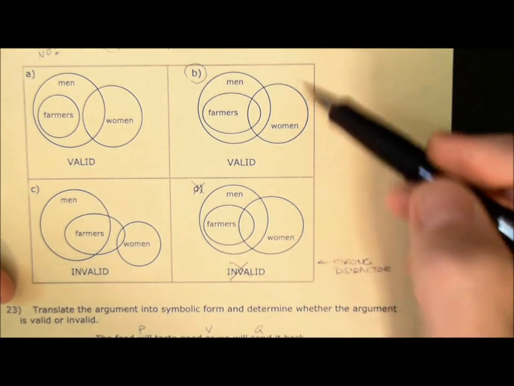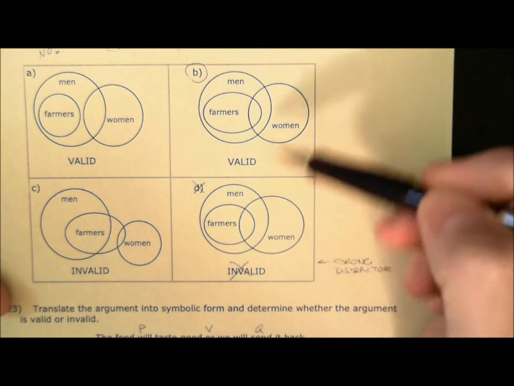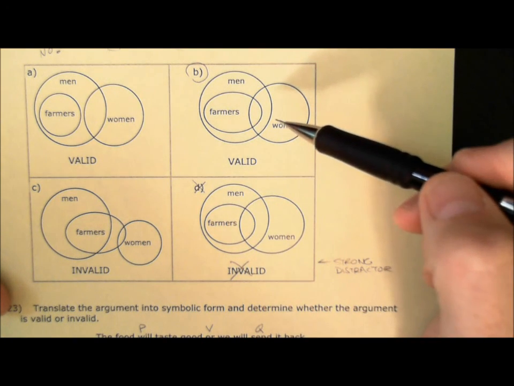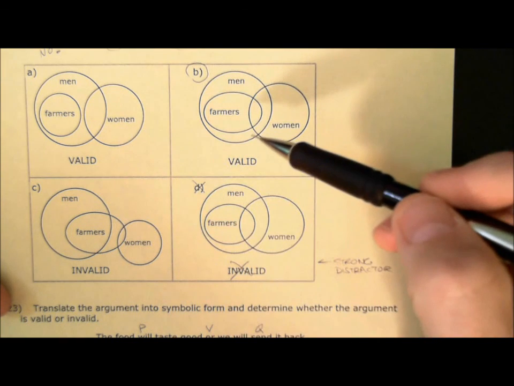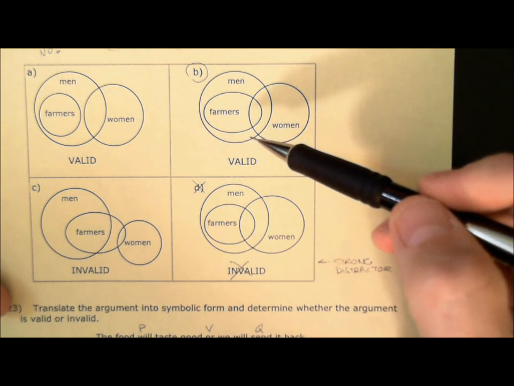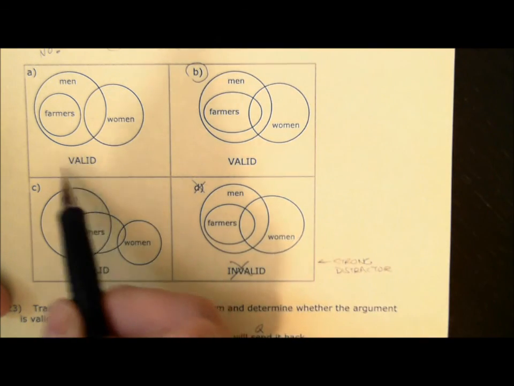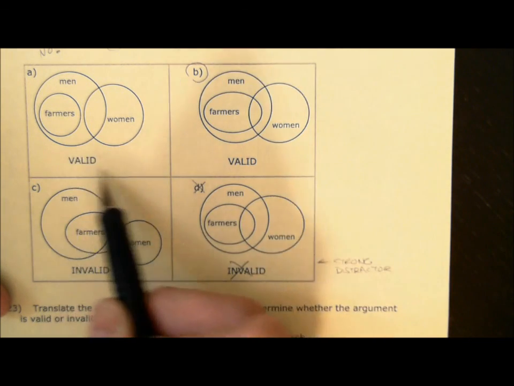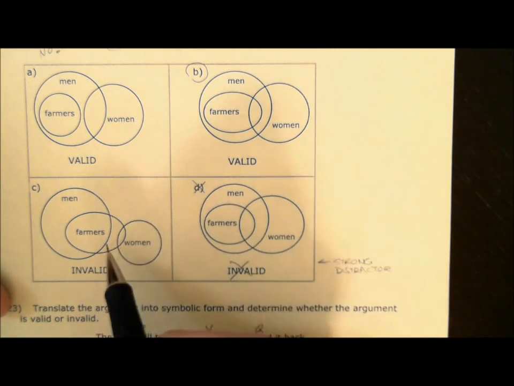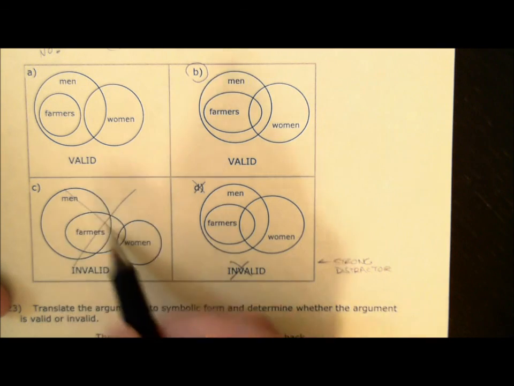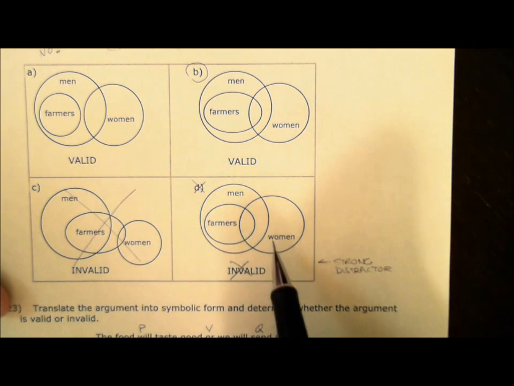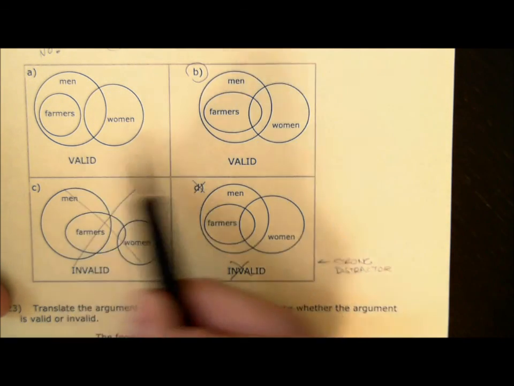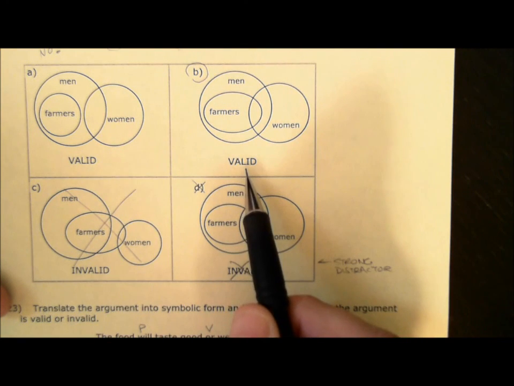Now again, in contrast to this one, we determined whether it was valid or invalid, and then we compared our picture to these. Okay, so I really should have just been comparing these two right here, because once I determined the argument was valid, then I didn't need to worry about this one or this one. If it's valid, it has to be this answer or this answer.